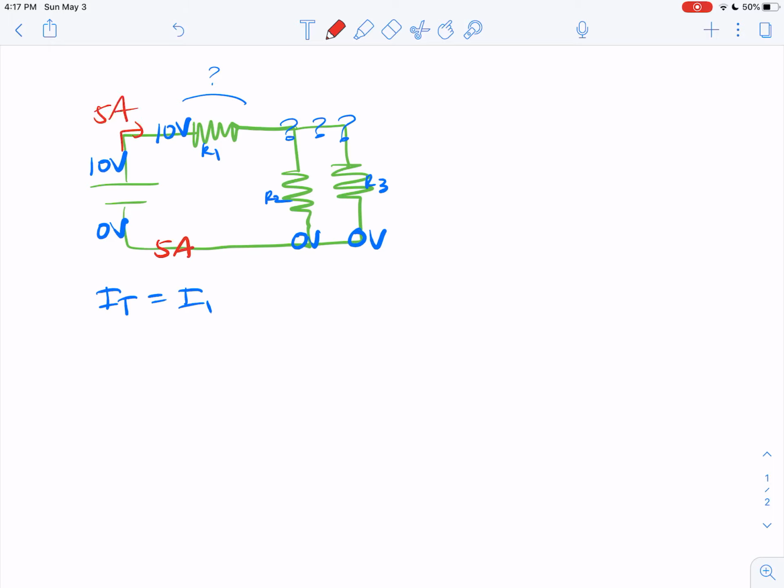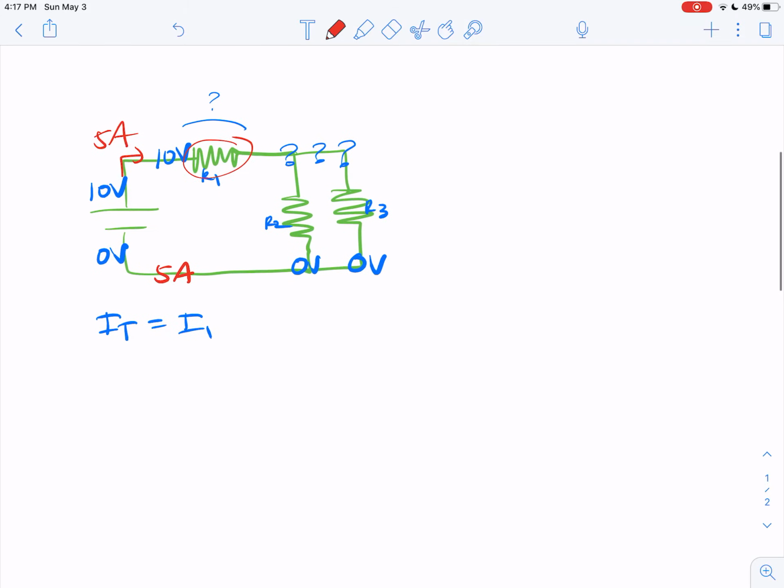5 amps. That's also going to be the current through resistor 1 because it's on that same path with the battery. Okay, all of this path here, there's no splits. So this is all going to be 5 amps. Okay, so if that's 5 amps here, right, we'd be able to use this to find out what the voltage drop is across this one.